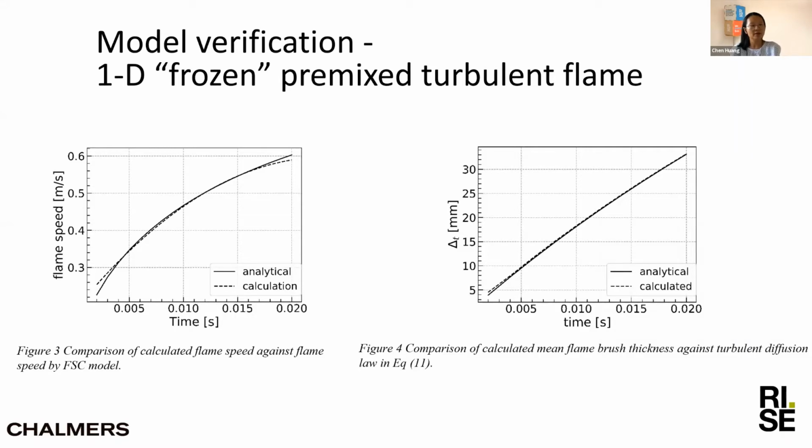So I compare the model results with some benchmark analytical solutions. For example, here is the flame speed versus time for the calculation. It's the dashed line, and the analytical solution is the solid line. We see that they agree very well, which makes sure that there is a minimum amount of bugs in the code, and we are satisfied at the moment.